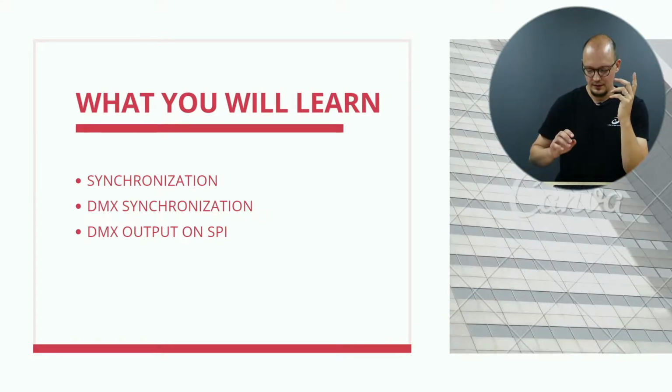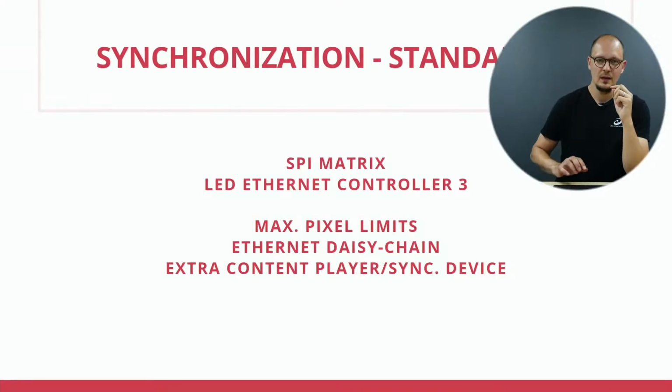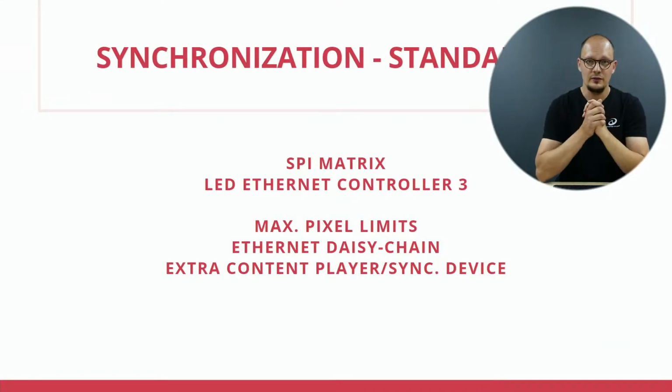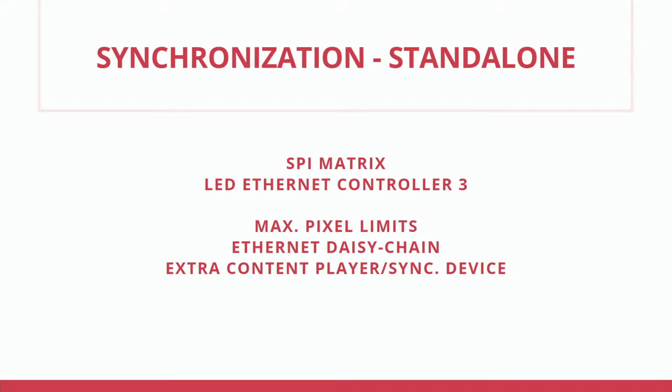Why would you need synchronization? Imagine that you have a project, and on that project you've got a certain number of pixels that you want to use, right? If you want to use more than one device, that means more than 4096 pixels, you need to add a second device.